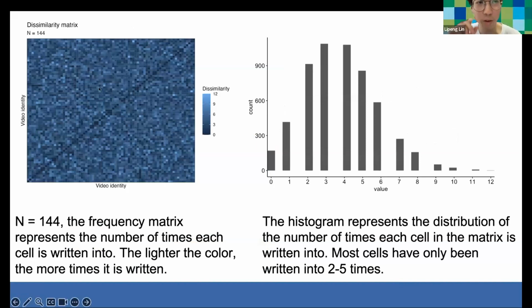This is not variance, but the data for each cell, the distribution of how many data points were entered in a specific cell. So this is around 2 to 5. Each cell was rated 2 to 5 times.